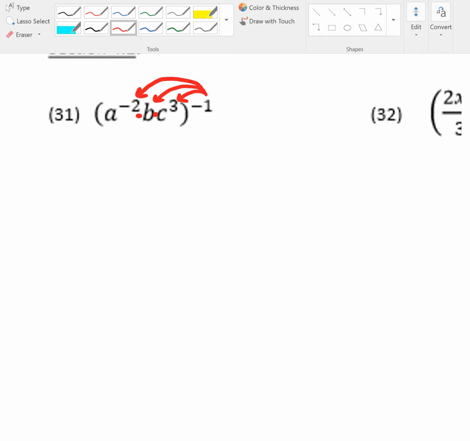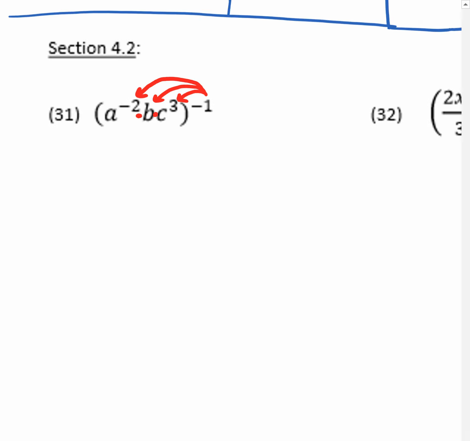And just like we did in that first problem, we're going to raise whatever power the variable already had, negative 2 for example, to an extra power of negative 1. B didn't have a power, so it'll just have the negative 1 power that we're distributing. The C had a third power, but it's going to get that extra negative 1 power.